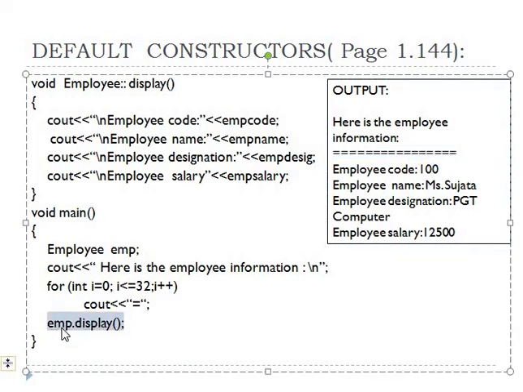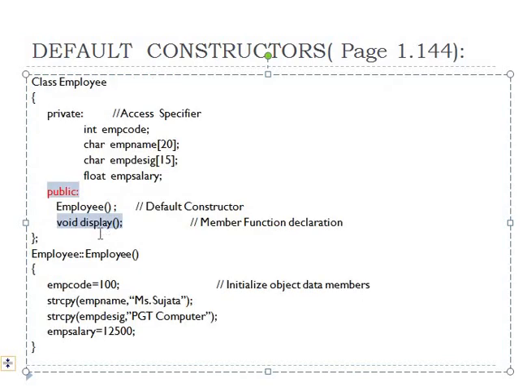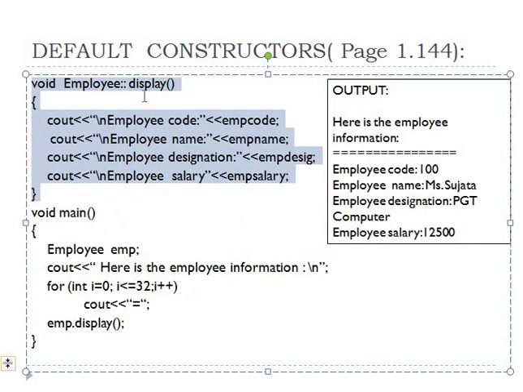And then in the next line, using the same object emp that was created, I am trying to access the member function display. Now as the member function display has been declared under the public section, this is accessible. Since its body part is defined outside of the class, the control is going to jump over here.